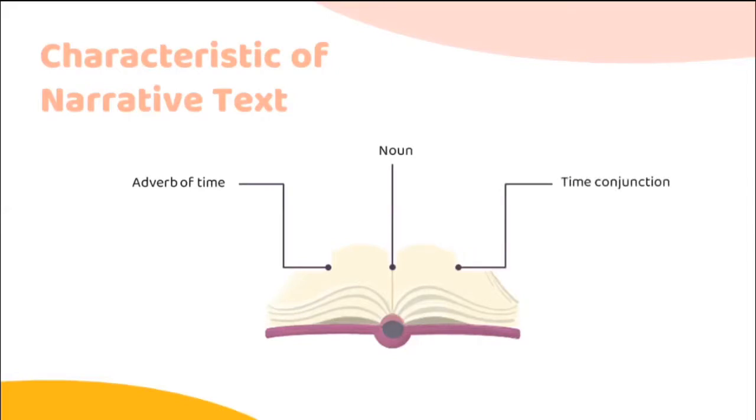Time conjunction: using time conjunctions to sequence events, like then, a few days later, finally. Adjective: using adjectives that describe nouns, such as the most beautiful shoes. Action verb in the past tense, such as lived.